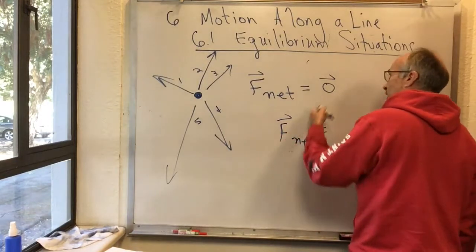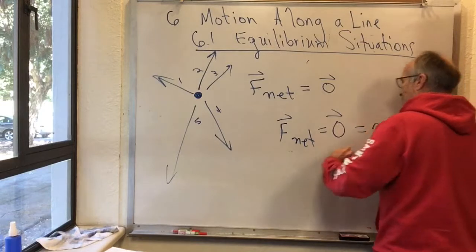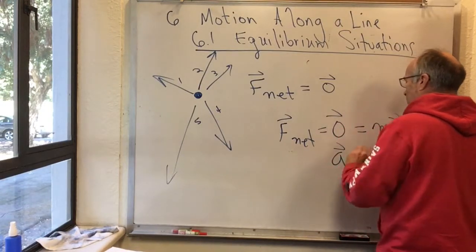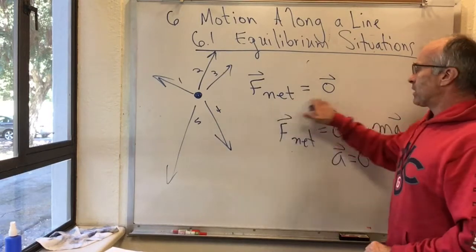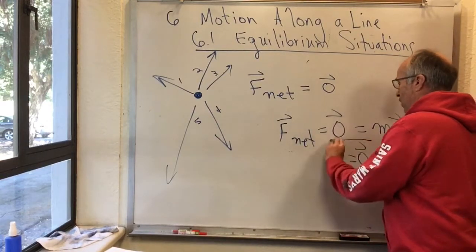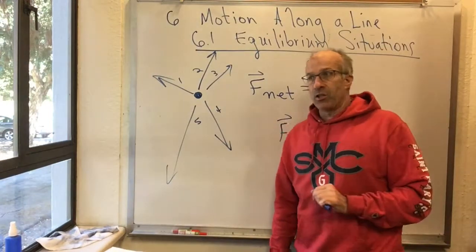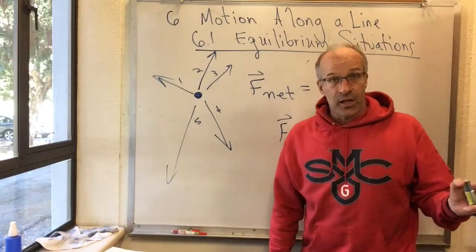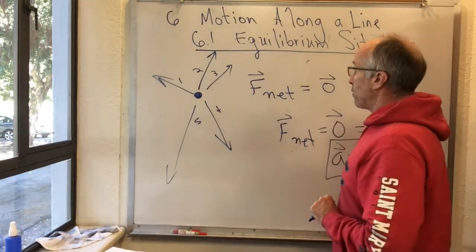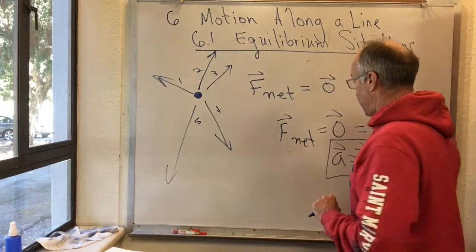So we have F net equals 0, but we also have F net equals MA, and therefore acceleration is equal to 0. So this very interesting special case is the case where acceleration is 0. That means the velocity is unchanging. The velocity is unchanging, we can always choose some reference frame where the velocity is 0 and just go hang out with this thing that is at rest.